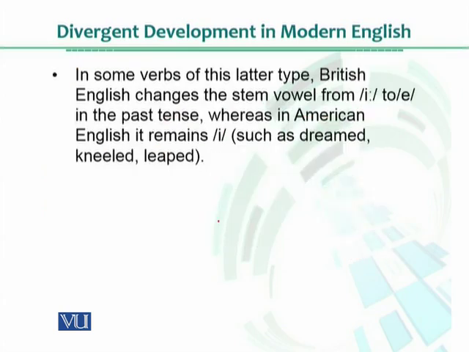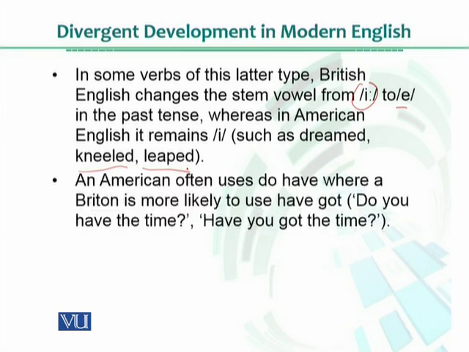In some verbs of this latter type, British English changes the stem vowel to a short one in the past tense. For example, kneeled and leaped that we find in American English are not used in British English like that. And American often uses do have, where a Briton is more likely to use have got.